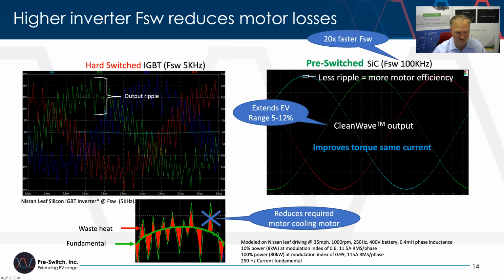And you can see on the bottom, the red areas indicate what's effectively inductive heating that's taking place in the motor, whereas the rotational torque is generated by the fundamentals. So if we can eliminate some of that output ripple, and we can by switching very fast, we produce a much tighter and much more pure sine wave, what we call a CleanWave output. This improves the motor efficiency dramatically, and it can also result in more torque for the same current.